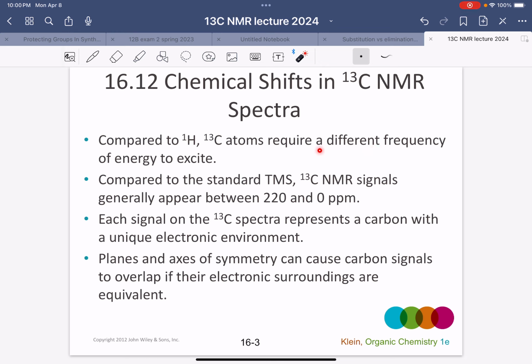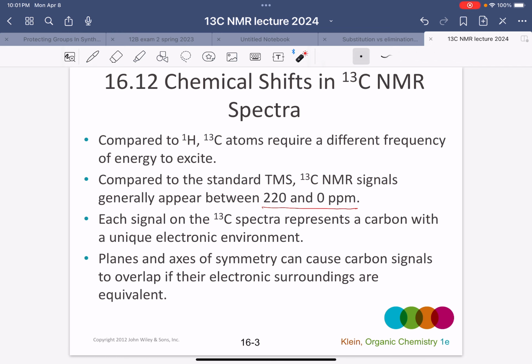Now there's some other differences. We have a different frequency of energy required. So for example, our 60 megahertz proton NMR in the lab would be I believe a 15 megahertz carbon-13 NMR. So it's just a little different there. Also, we'll use the same reference, TMS, but the signals appear over a much larger chemical shift range, 0 to 220 ppm.